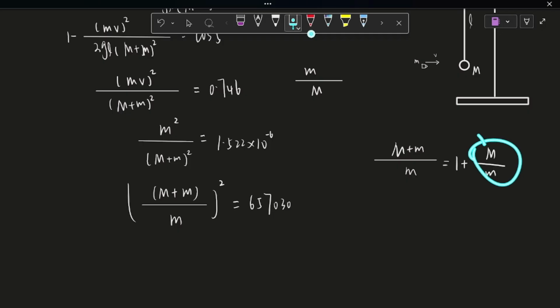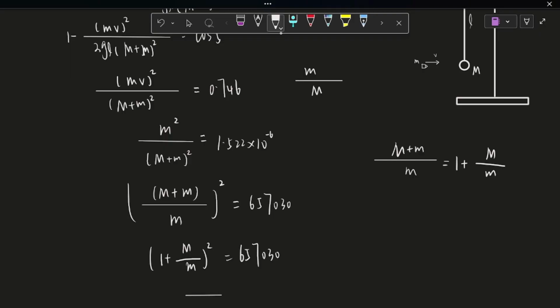Do you see it? It occurs, but it is just inverted. So let's write 1 plus big M over small m, squared, is equal to 657,030. And let's square root on both sides. Pick the positive value, which we can get M over little m is equal to 809.57.